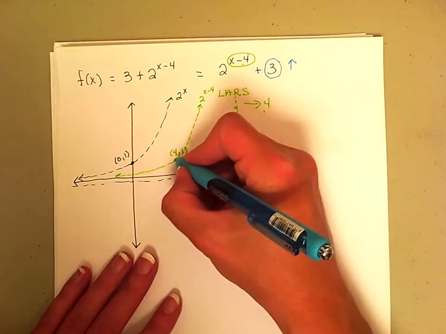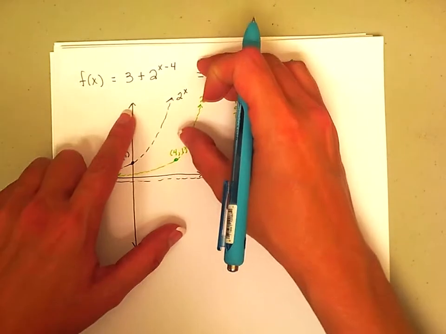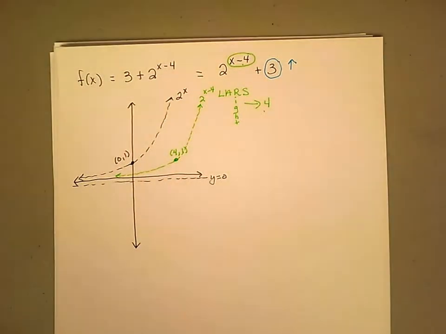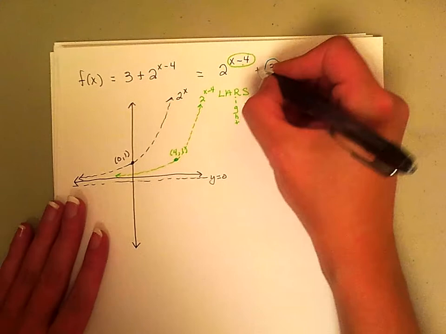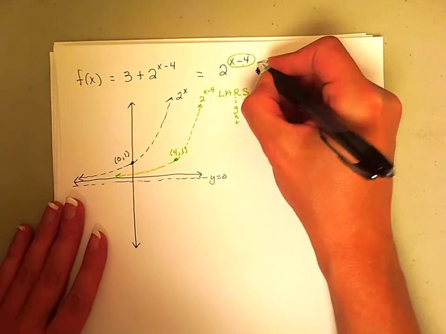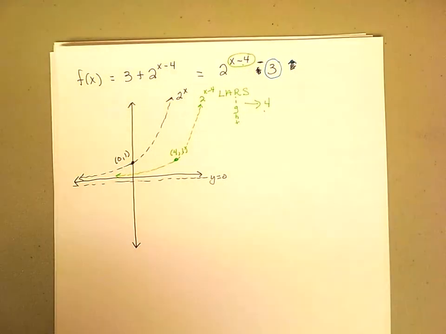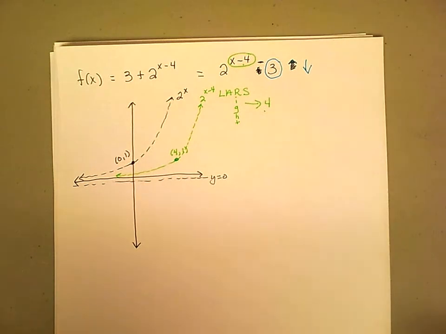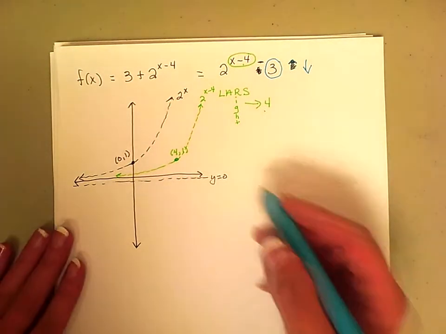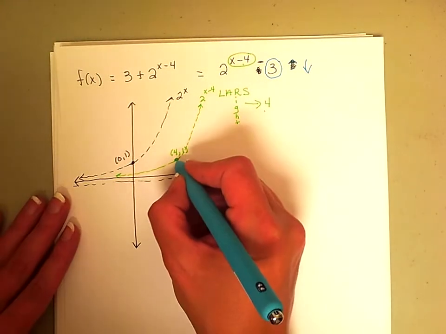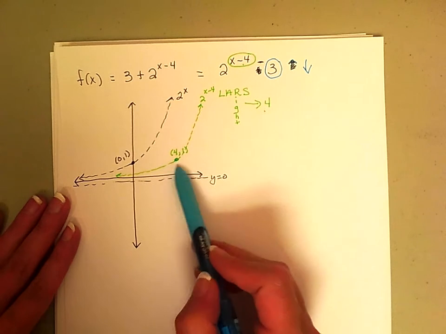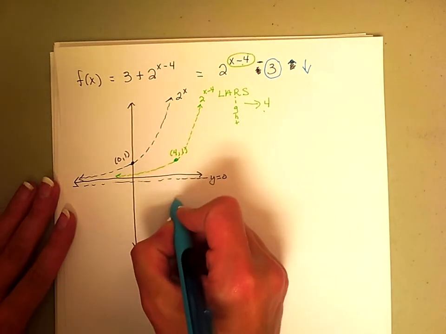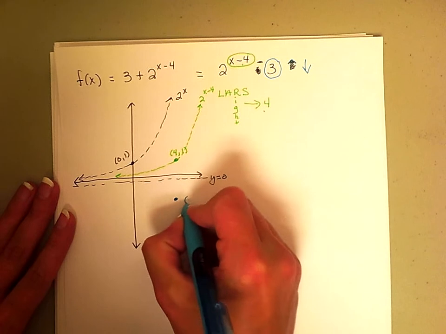And now I need to add 3. So everything needs to come up 3 units. And actually, for simplicity, so I don't write on top of this, let's make this minus 3 so we can shift it down. So it'll be clearer for us to see. Okay, so minus 3. Now everything needs to come down 3 units. So there's 2 important points, or aspects. One is this point, so I need to move it down 3 units.